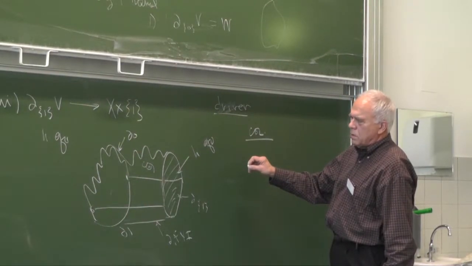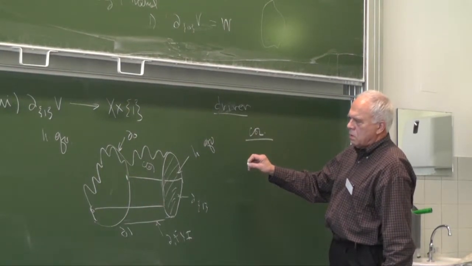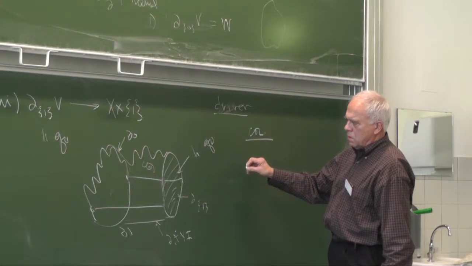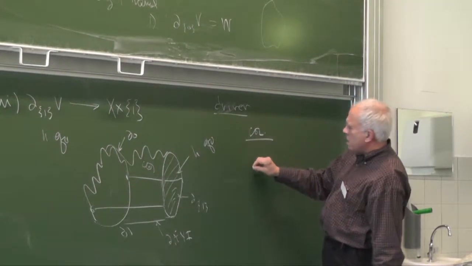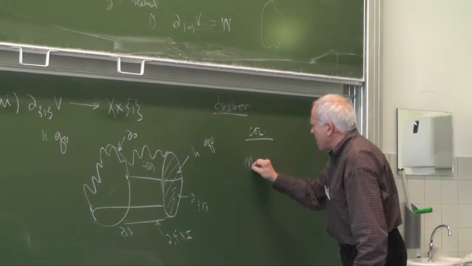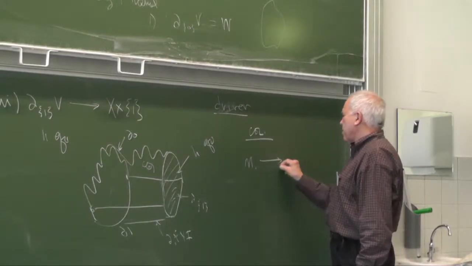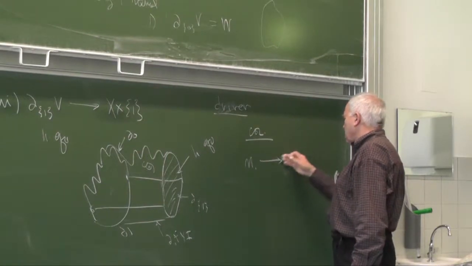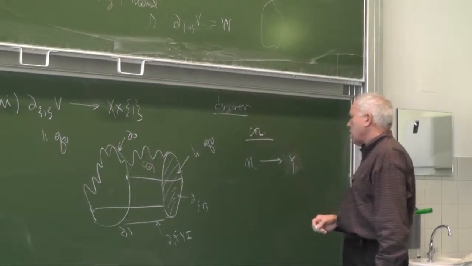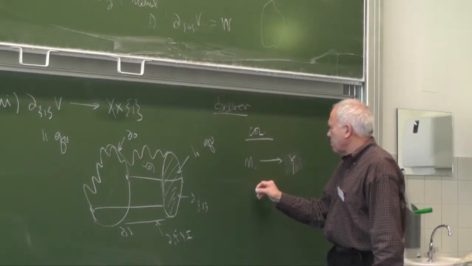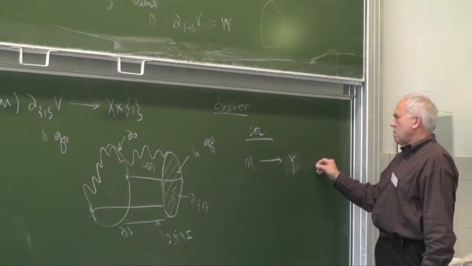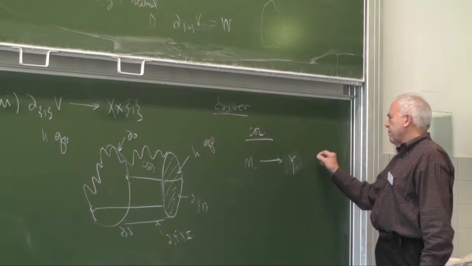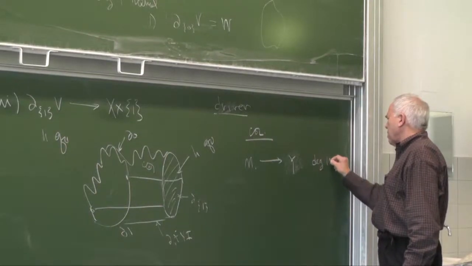So suppose we have M to boundary 0, well, Y, and this is a degree 1 normal map.